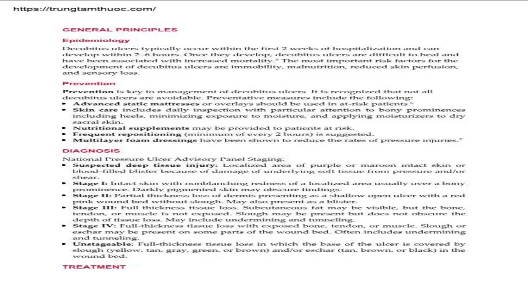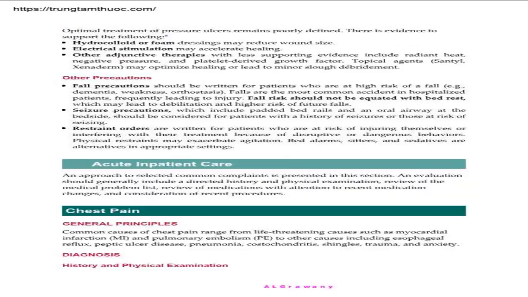Stage III: full thickness tissue loss. Subcutaneous fat may be visible, but the bone, tendon, or muscle is not exposed. Slough may be present but does not obscure the depth of tissue loss. May include undermining and tunnelling. Stage IV: full thickness tissue loss with exposed bone, tendon, or muscle.